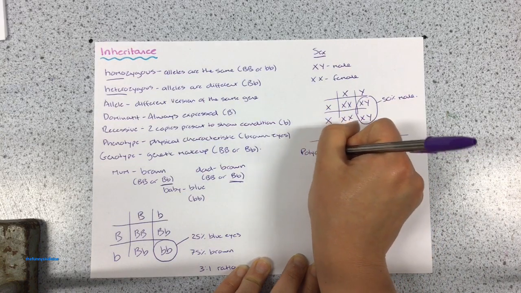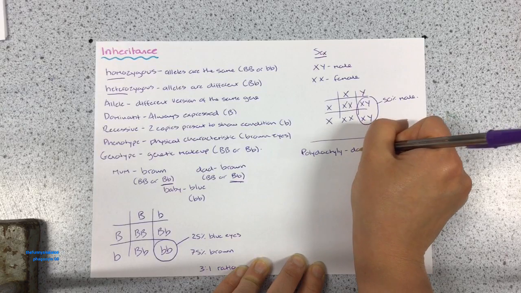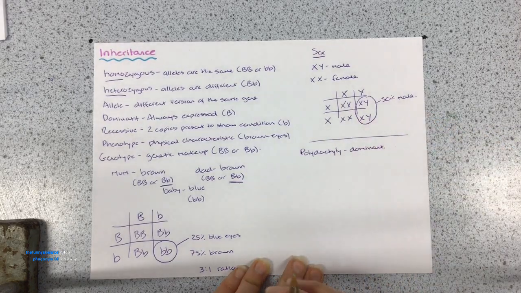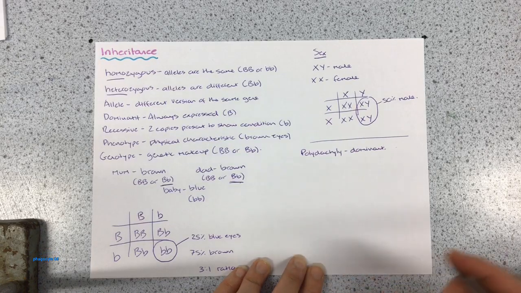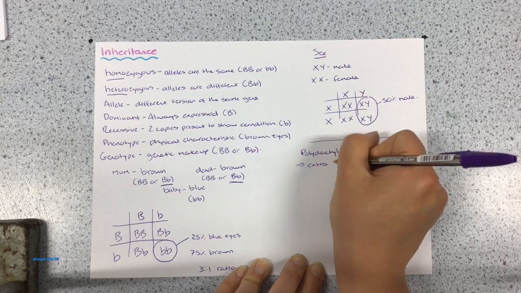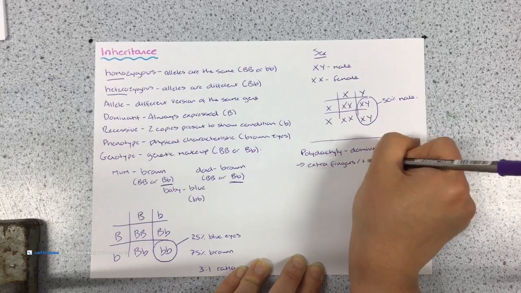Polydactyly is the dominant condition. It's caused by a dominant allele, so you only ever need to have one version of that allele present. It leads to extra fingers or sometimes toes.